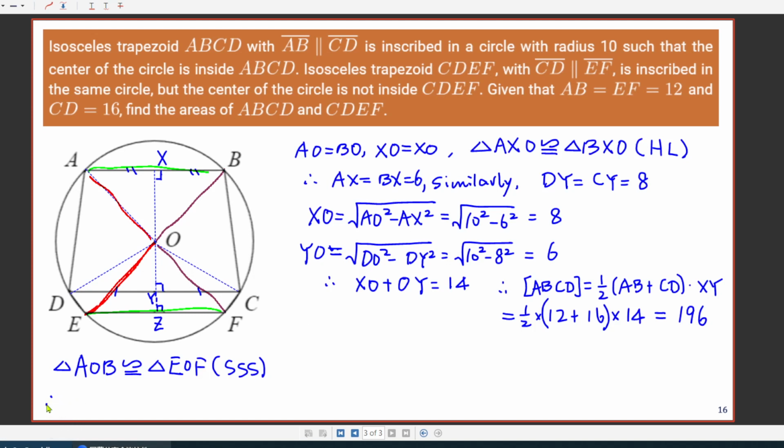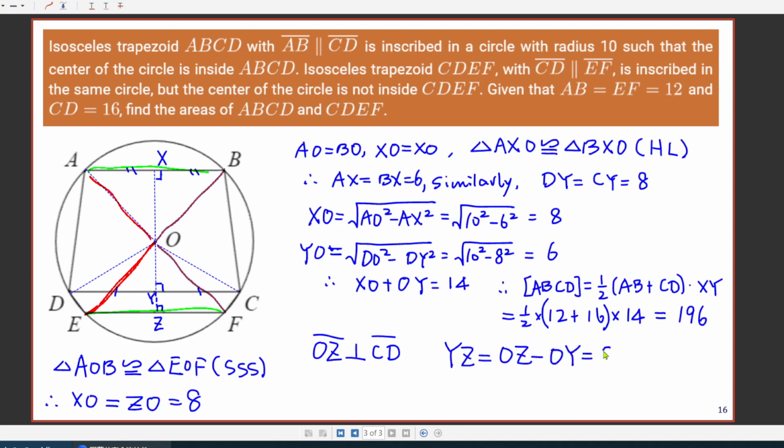Therefore, we know XO should equal ZO, which is 8. And moreover, since CD is parallel to EF and OZ is perpendicular to EF, we have OZ perpendicular to CD. And Y is the foot of the altitude from O, and OZ passes through Y, so the height of CDEF is YZ equals OZ minus OY, which is 2, right?